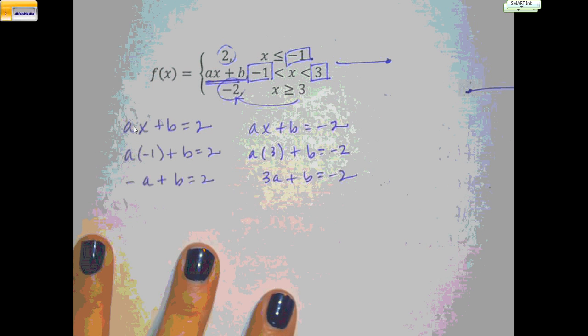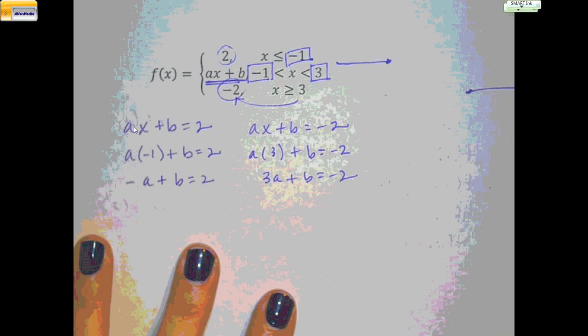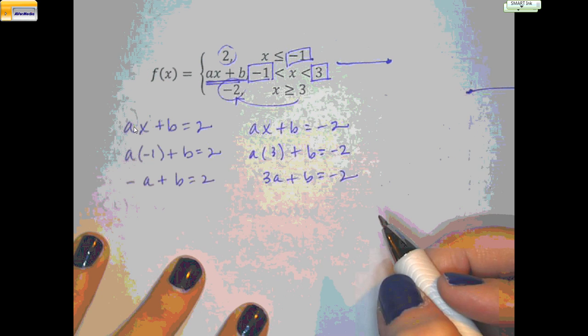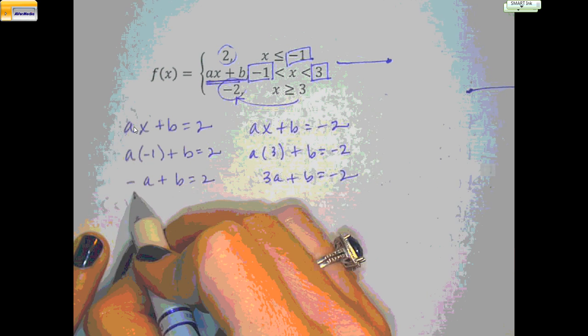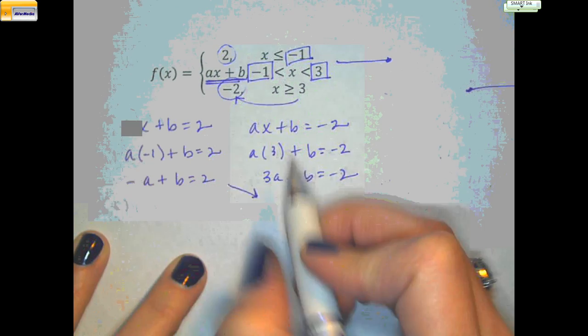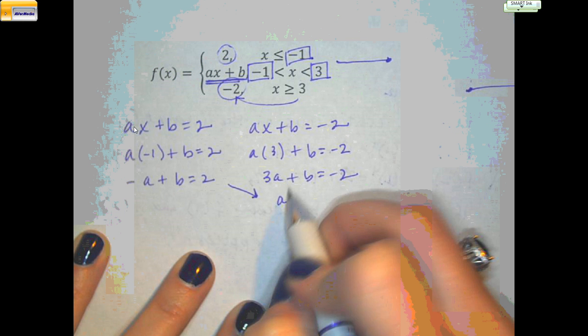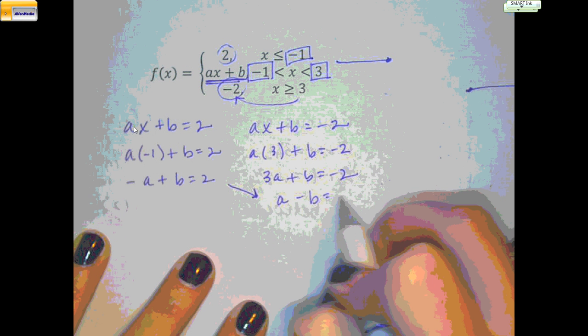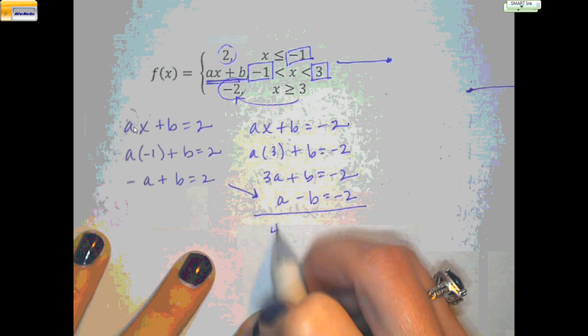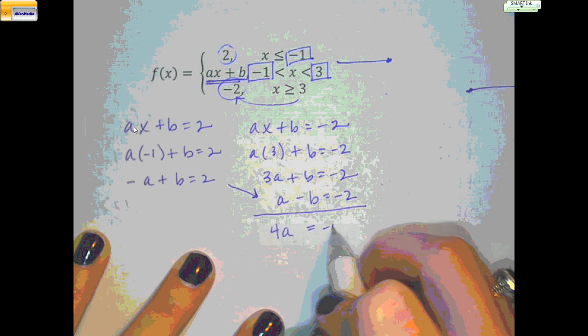What do you do if you've got a system of equations you need to solve? There you go. Elimination or substitution. You get to choose. I don't care what you do. I'm going to multiply this whole thing by a negative, and I'm going to use elimination. So I have A minus B equals negative 2. Add going down. I have 4A equals negative 4.